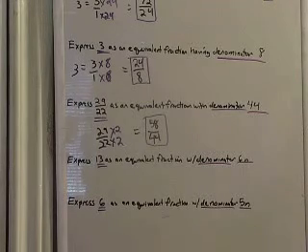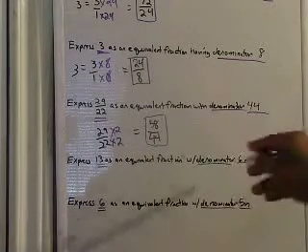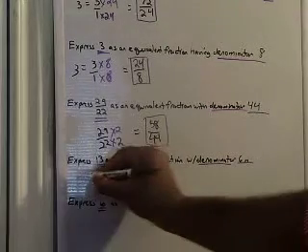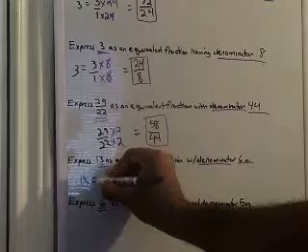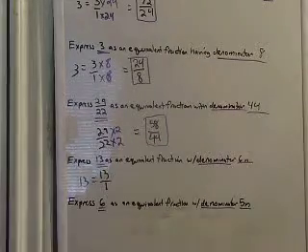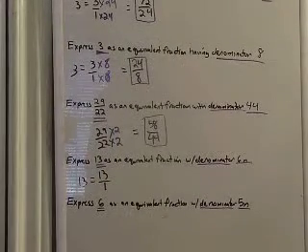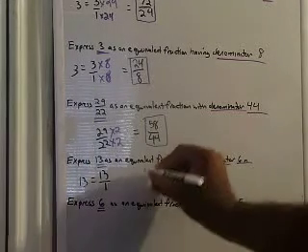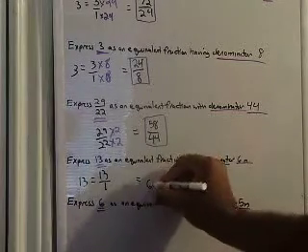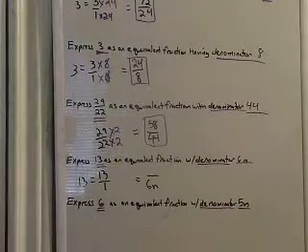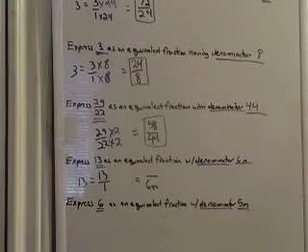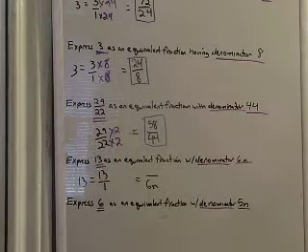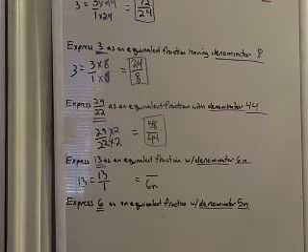And the next one: express 13 as an equivalent fraction with denominator 6n. So let's turn 13 into a fraction. 13 written as a fraction is 13 over 1. And we want it to equal some fraction with the denominator 6n. So what times the old denominator will give us the new denominator? What times 1 gives you 6n?